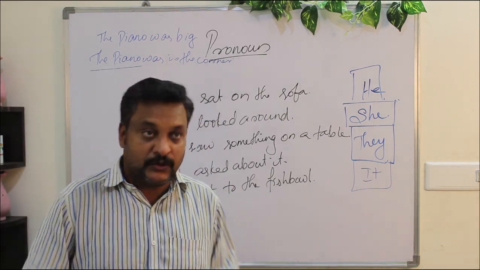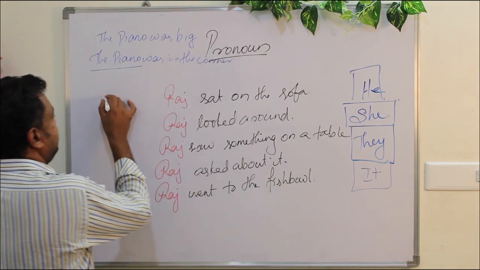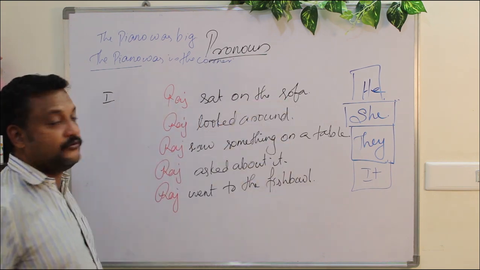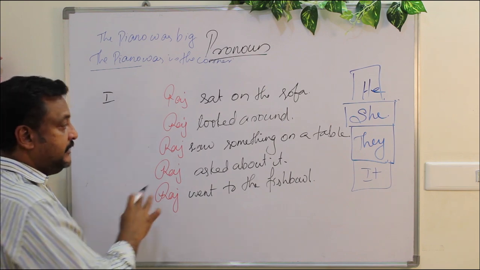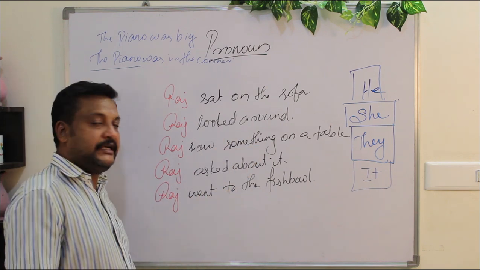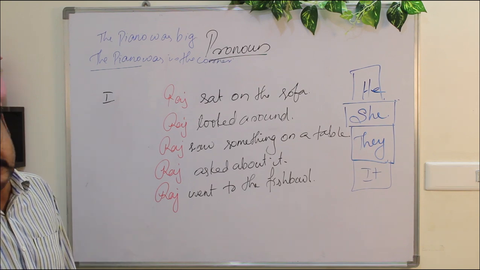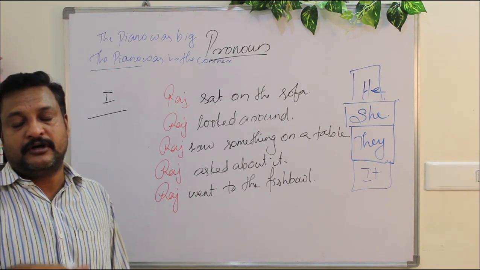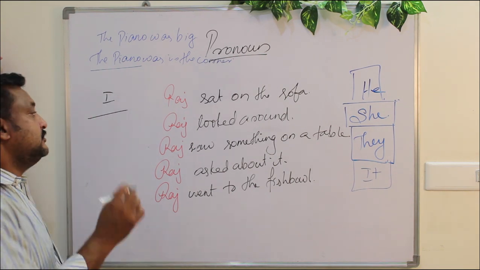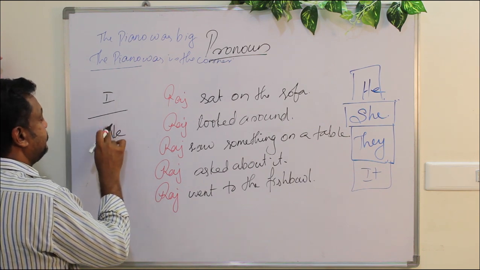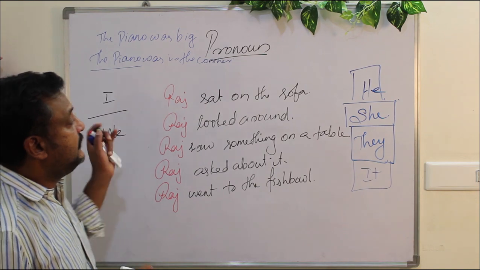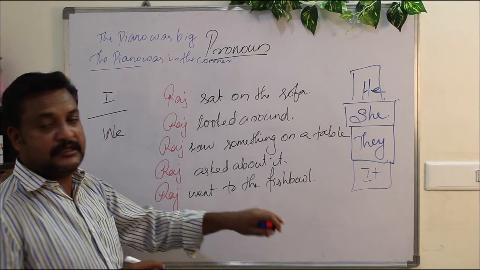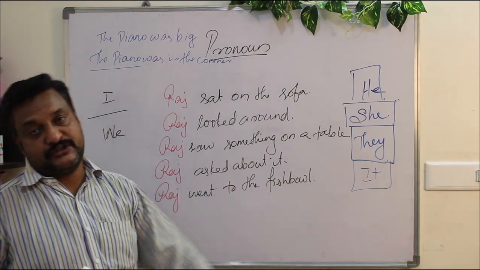If you have to tell about yourself, then we use the word I. Okay, so I sat on a sofa, I looked around, I saw something on the table, I asked about it, and I went to the fishbowl. And if you were one of the four friends who went to Sohan's house, then you say we. So we sat on a sofa, we looked around, we saw something on a table, we asked about it, and we went to the fishbowl.